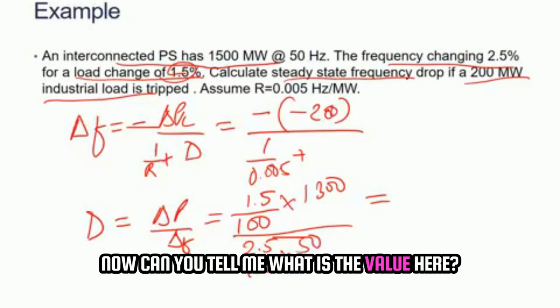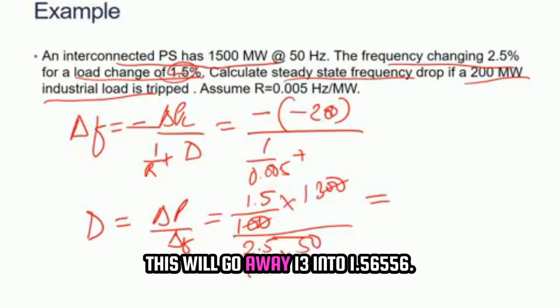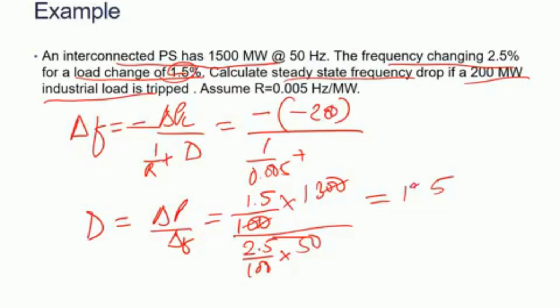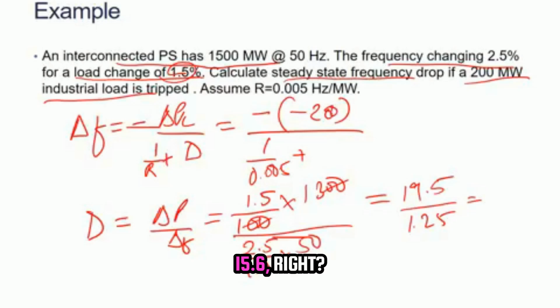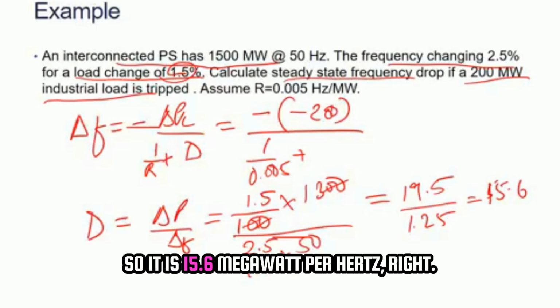Now can you tell me what is the value here? So this will go away, this will go away. 13 into 1.5, 19.5. What is the value of D here? 19.5 divided by 1.25, that is 15.6 megawatt per hertz.